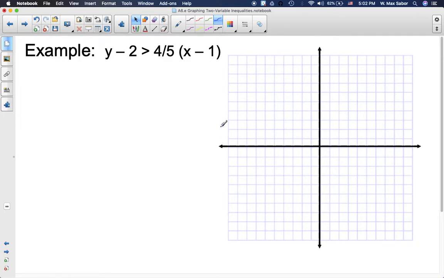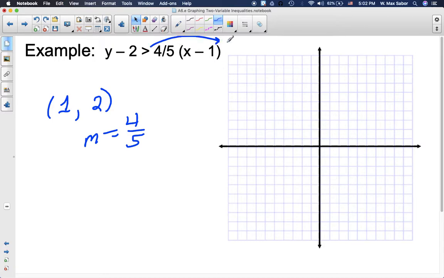Here, this is in point slope form, so if you remember your point slope form, you know that this line goes through 1, 2 and has a slope of 4/5. So I'm going to just do that rather than solving for y first. But we should remember that this is going to be a dotted line because it's greater than, not greater than or equal to.